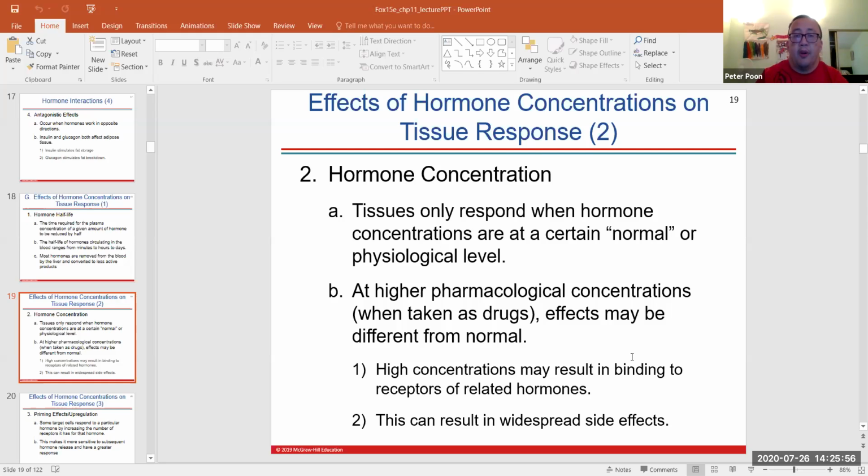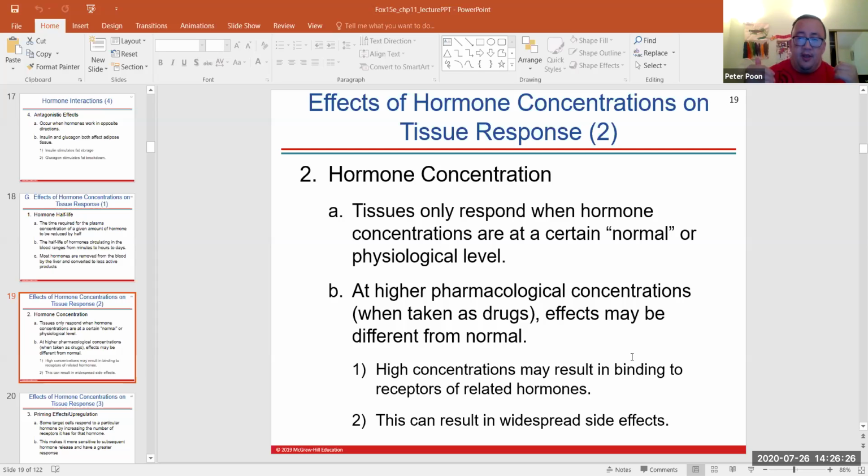All right, so hormone concentration. Tissues only respond when the hormone concentration is at a certain level or above. At higher pharmacological concentrations, the effect might be different from normal. The higher concentrations might result in binding of receptors or related hormones. For example, IGF-1 at 10 times the concentration binds IGF-2 and stuff like that.